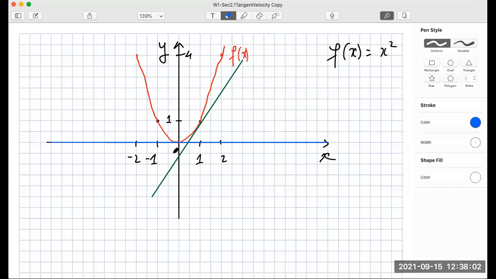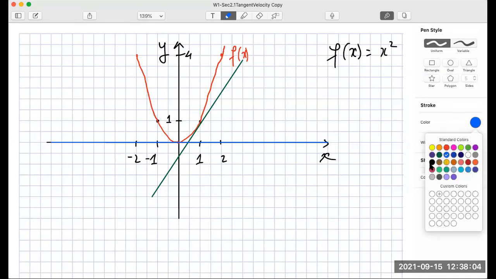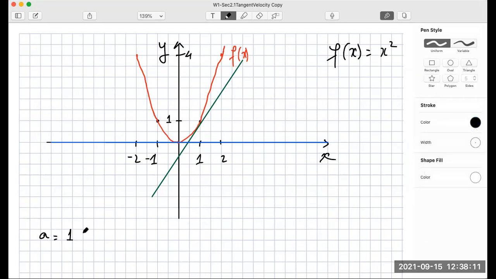So if we're given here, we're computing at the point a is equal to 1. Can we find the slope at the point P, 1, sorry? When x is equal to 1, what is y? 1.